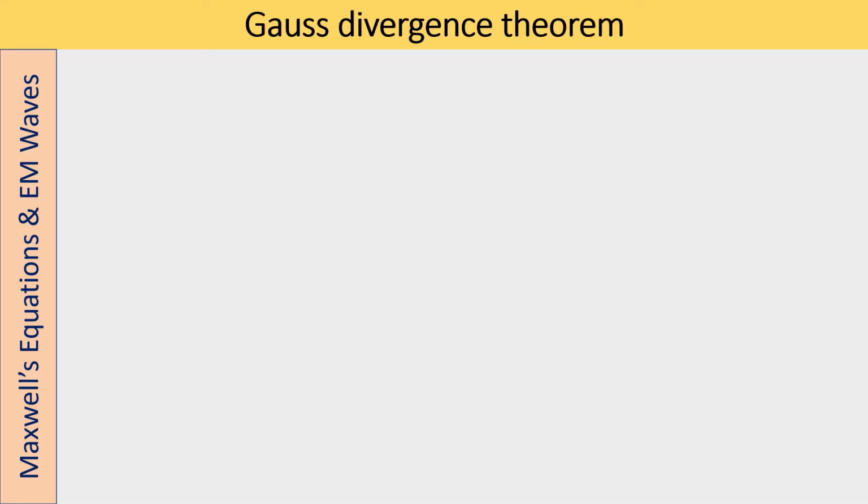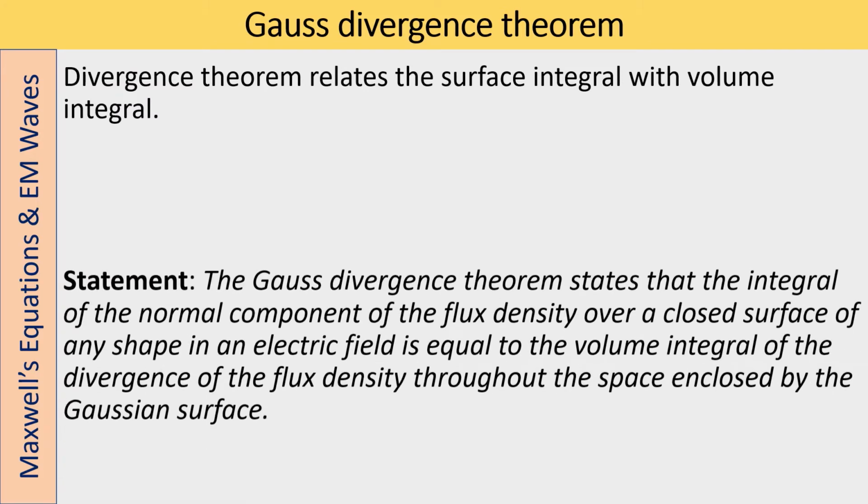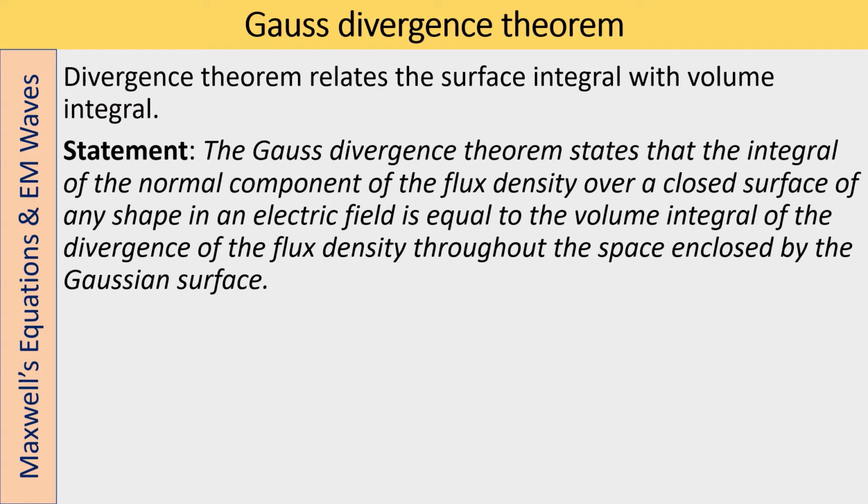Gauss divergence theorem. The divergence theorem relates the surface integral with the volume integral. The statement of the Gauss divergence theorem: the integral of the normal component of the flux density over a closed surface of any shape in an electric field is equal to the volume integral of the divergence of the flux density throughout the space enclosed by the Gaussian surface.